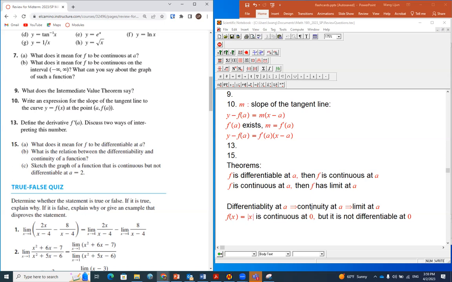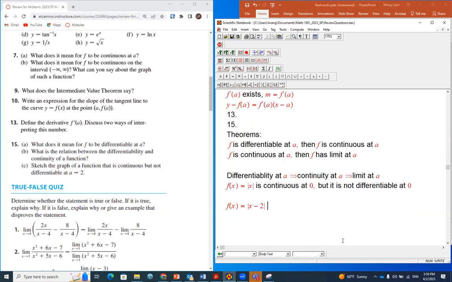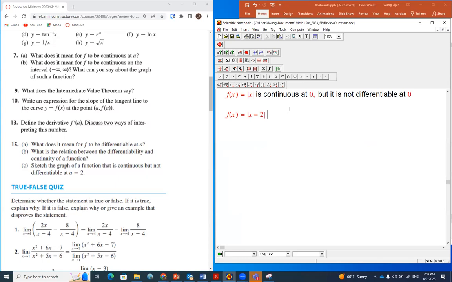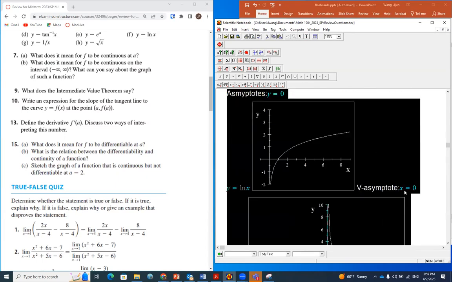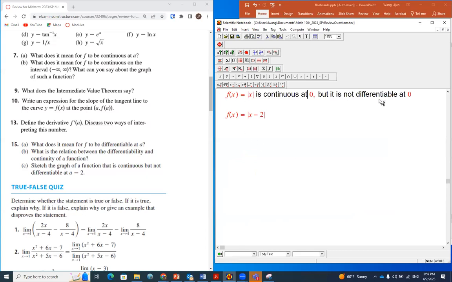C: sketch the graph of a function that is continuous but not differentiable at 2. For that one, I think you can totally use a tweak of this function, which is the absolute value of x minus 2. It would do the job. We covered in class how to prove it's continuous and demonstrate it's not differentiable.